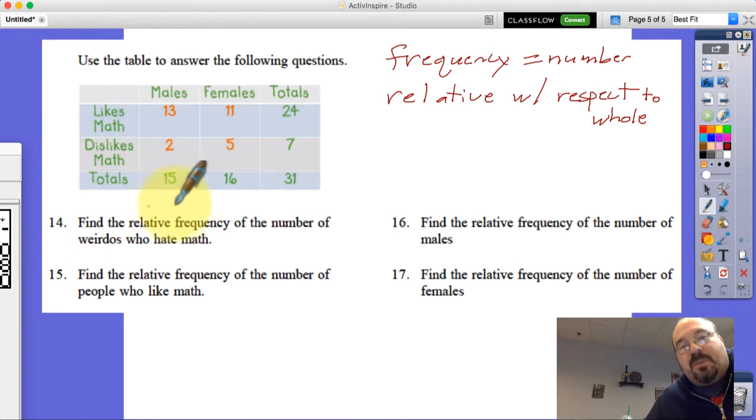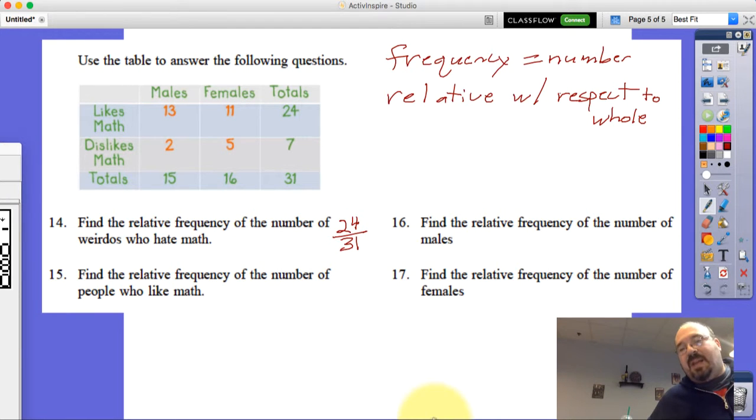So the first thing, we're supposed to find the relative frequency of people who hate math. So these are all the people that like math. And overall, there were 31 people. So what you do is you take the number of people that you're looking for, in this case, people who hate math, and you divide by the total number of people, which is 31, and that's your answer.